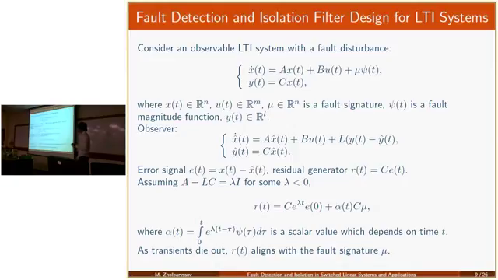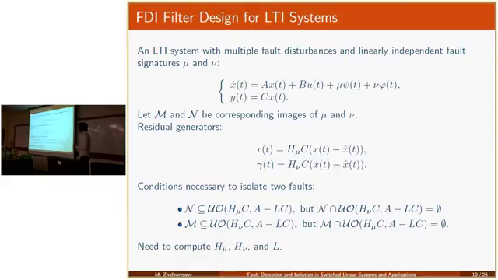When there is a fault disturbance, the residual generator will align with the fault signature mu. But if we have more than one fault in our system, then we can no longer distinguish them.